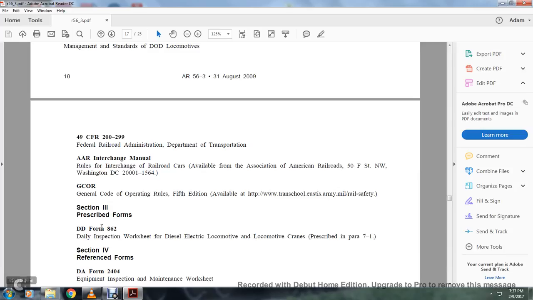Section 2F, Department of Defense Form 862, Daily Inspection Worksheet for Diesel Locomotive Cranes.